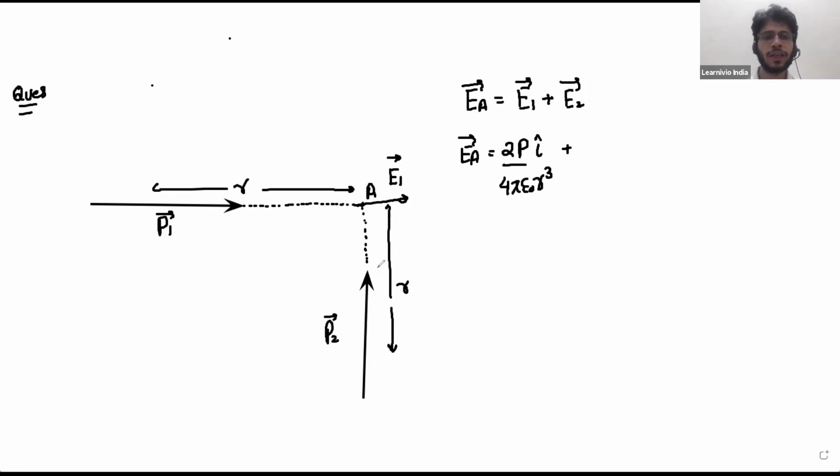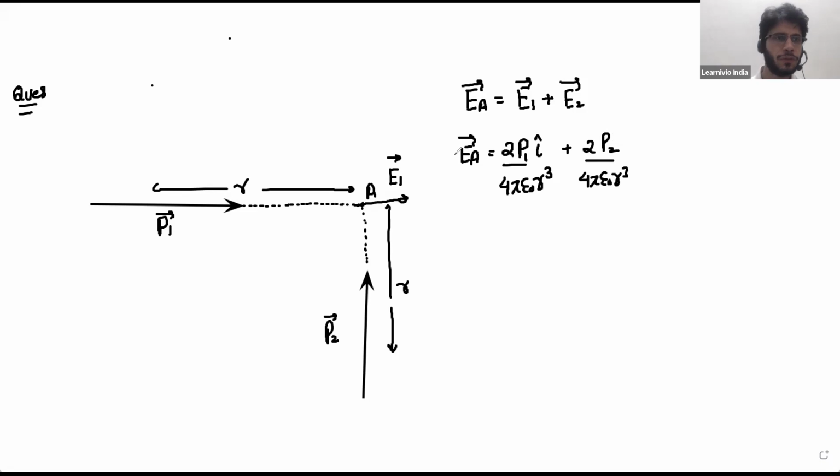Similarly, for the second dipole, this point A lies on which line, the axial line or the equatorial line? Axial line. So what's the expression of field on the axial line? 2p by 4 pi epsilon 0 r cube.